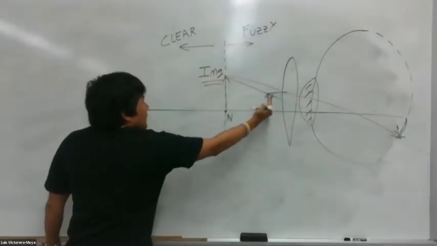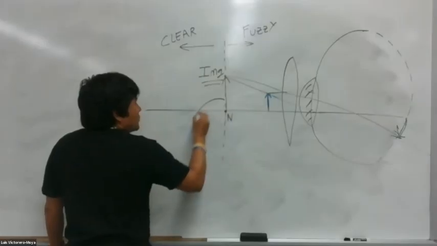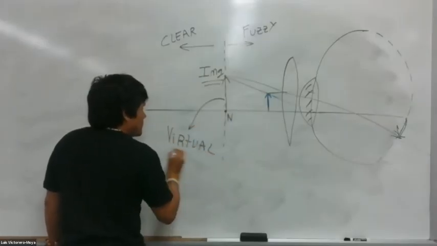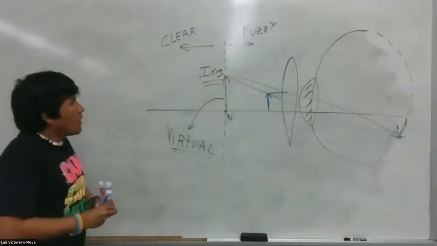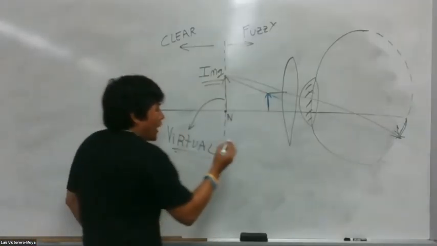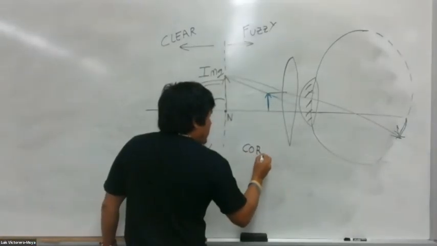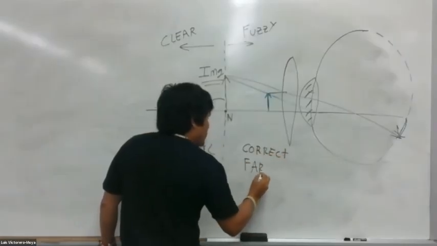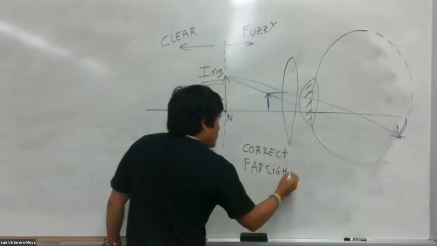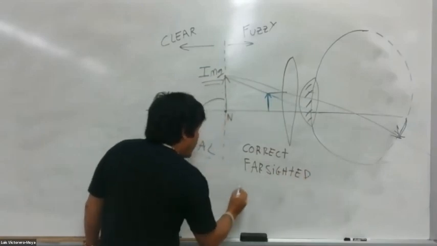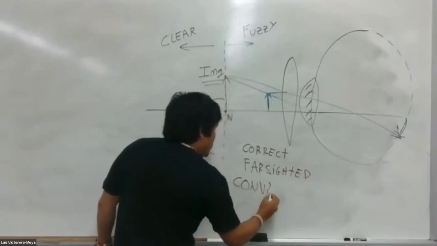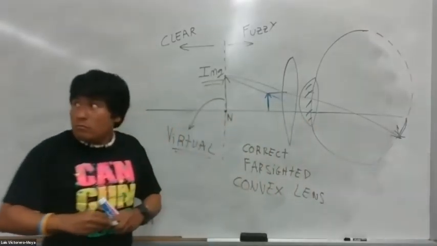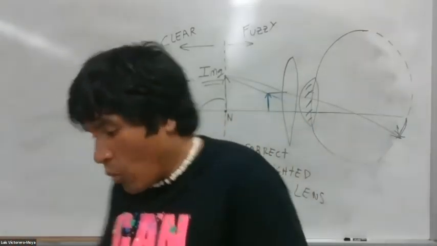Again, it is behind, so this will be virtual as well. So to correct for far-sighted people, you use a convex lens. Any questions about that?